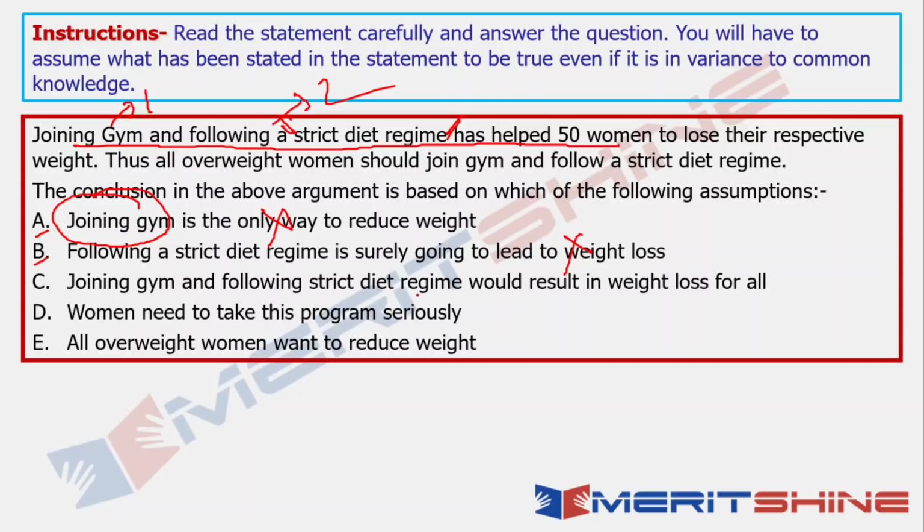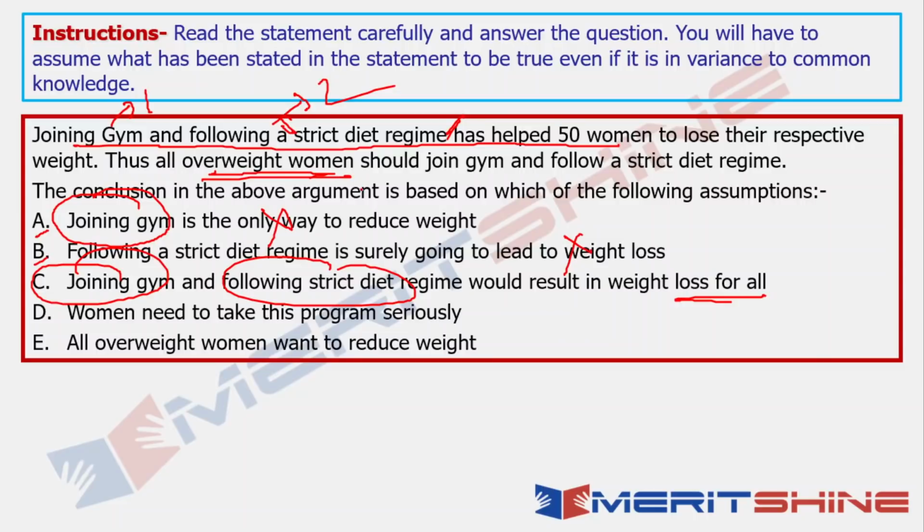C: Joining a gym and following a strict diet regime would result in weight loss for all. Now, what do I do here? See, here they have used both of them. But now let us look at the sentence. The sentence concludes about overweight women and not everyone.